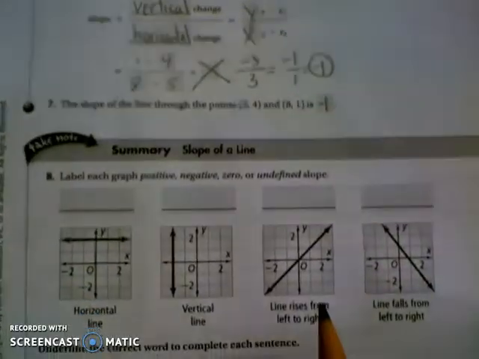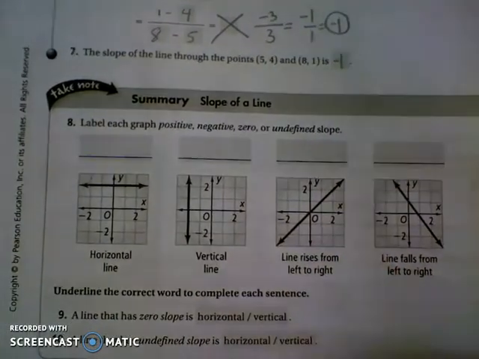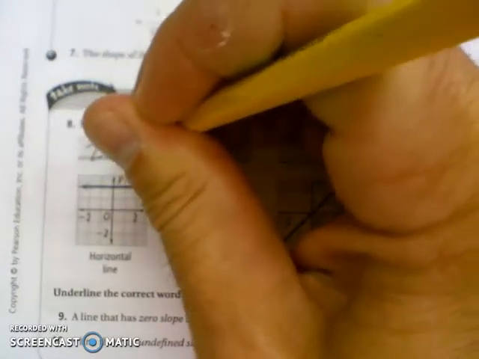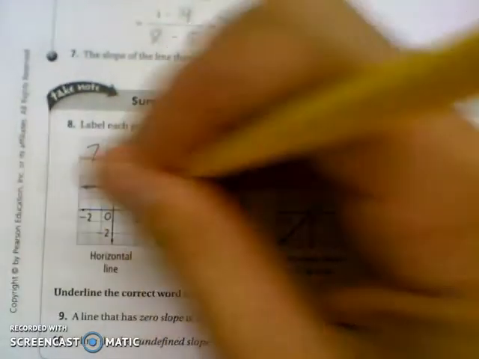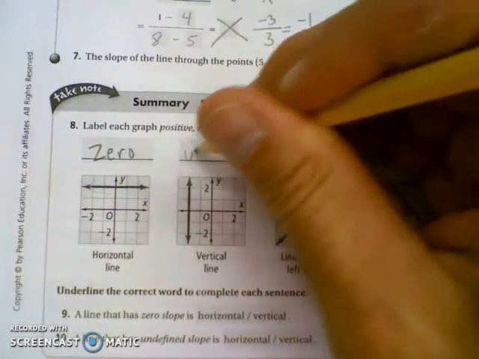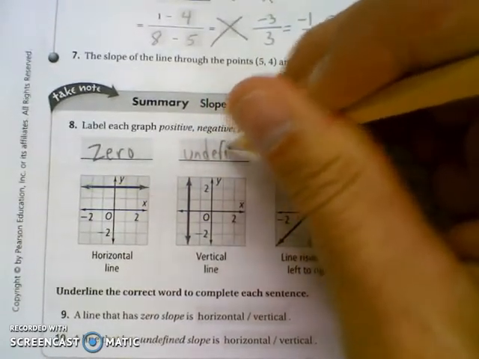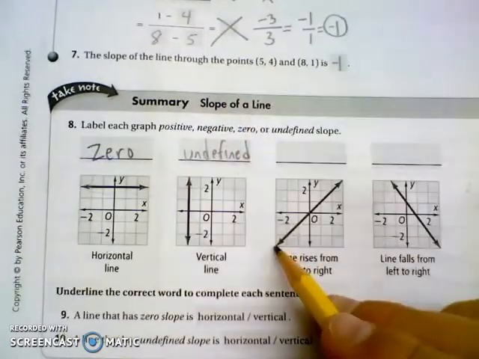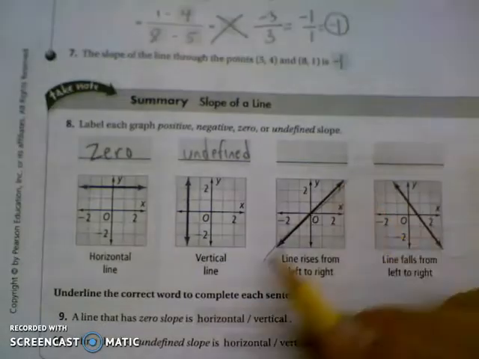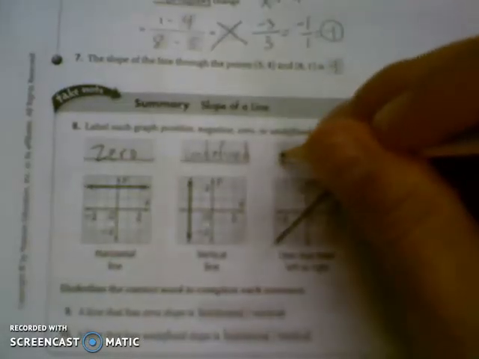Now we're going to label these right here. This is what we did in class the other day. I know it's repetitive. This is a 0 slope, straight across. Undefined is straight down. Going diagonally up in any direction from left to right is going to be a positive slope.